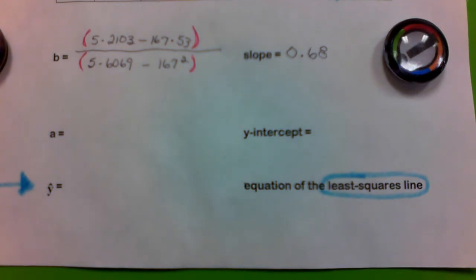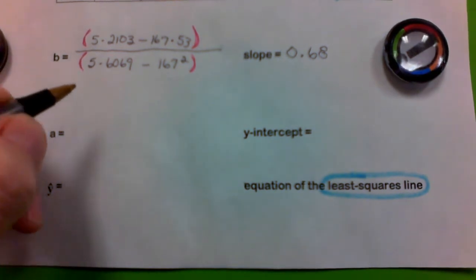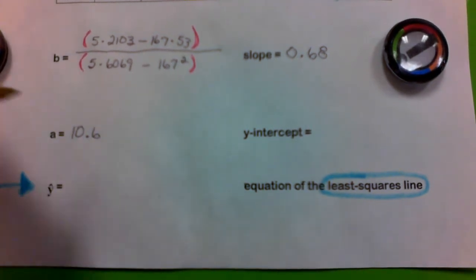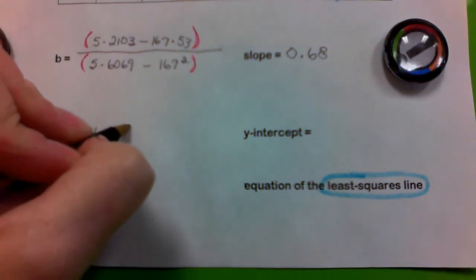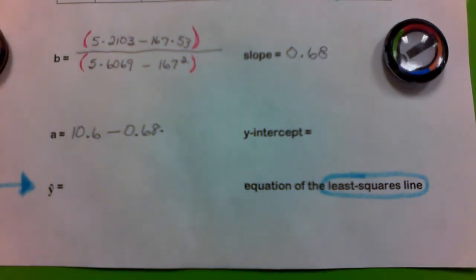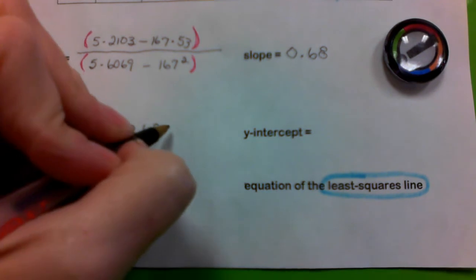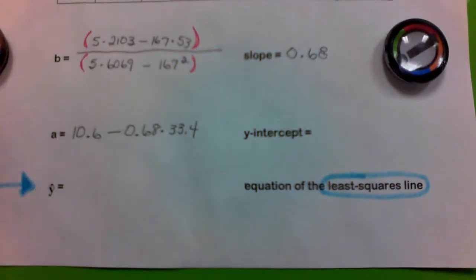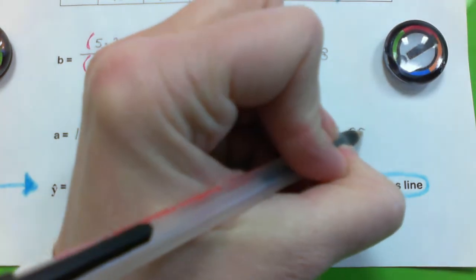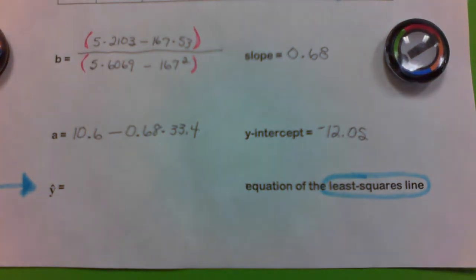The calculation for A is y bar, which we calculated to be 10.6, minus B, the slope that we just calculated, 0.68, times X bar, which is 33.4. So 10.6 minus 0.68 times 33.4. When you put that into your calculator and round it to 2 decimal places, you get negative 12.05. And it's okay to get the negative values.